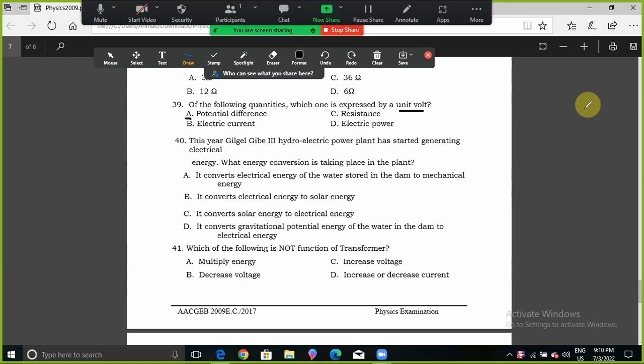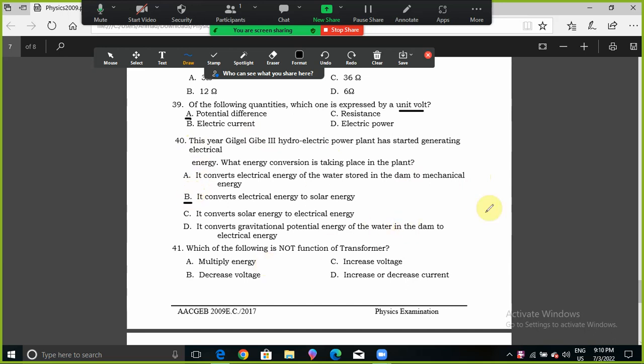The correct answer is B, because it converts electrical energy to solar energy. Why? Because he says that we have a hydroelectric power plant which has started generating electrical energy. So that means it was electrical energy, and then we convert this electrical energy into solar energy. So the answer for question number 40 is choice B.